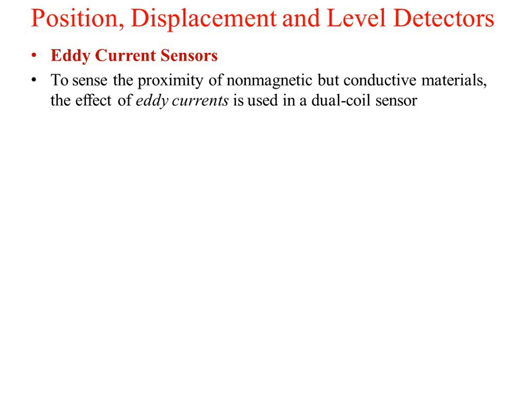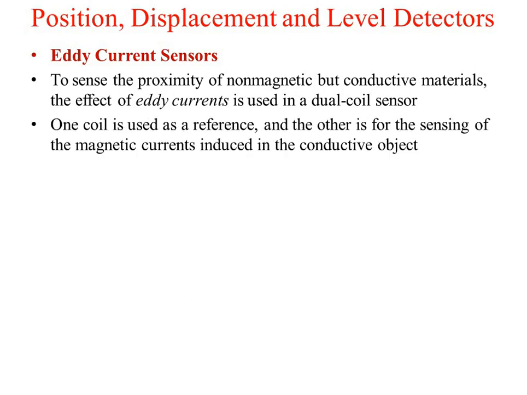You know that whenever there is flux linkage or a magnetic flux, it is going to create an eddy current in the coil, and that eddy current opposes the flux that is generating it. So that is the principle used over here, and that principle is used as a sensor principle.